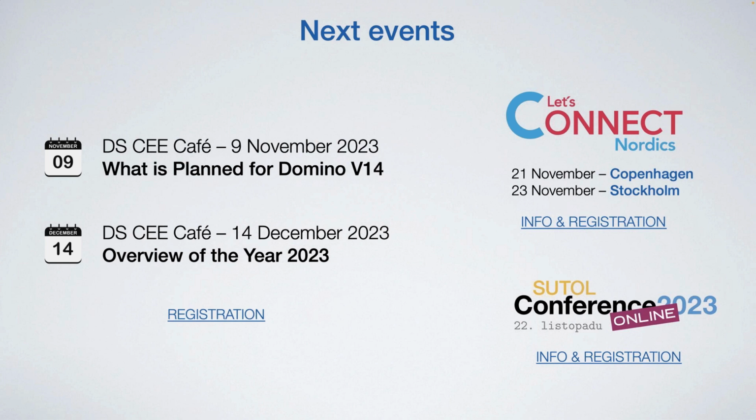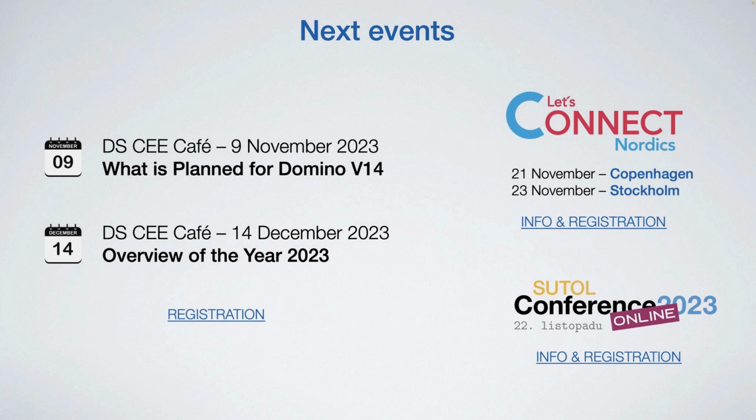And on the right side are community events. If you are from the Nordic states, at the end of November there will be conferences, one in Denmark and one in Sweden, 21 November and 23 November. Info and registration under the link. I think they will be in English.